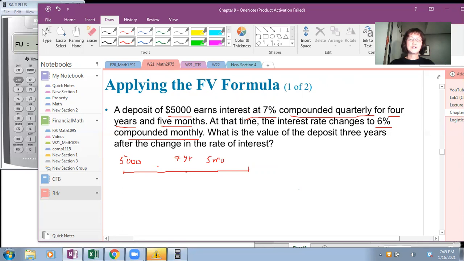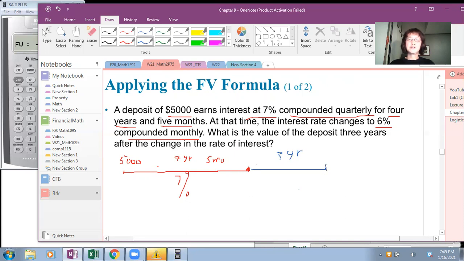And the interest is 7% during this time period. So now interest has changed to 6%. And then after the interest changed, this period happened in a 3-year period.